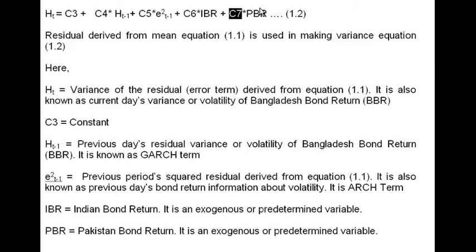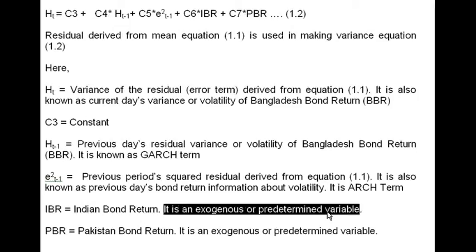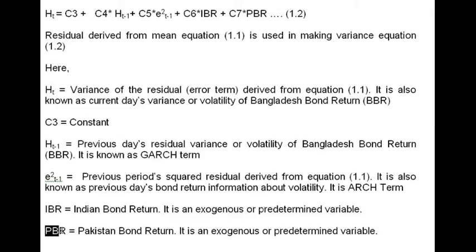IBR is Indian bond return. It is an exogenous or predetermined variable. And what is PBR? Pakistan bond return. It is also an exogenous or predetermined variable.